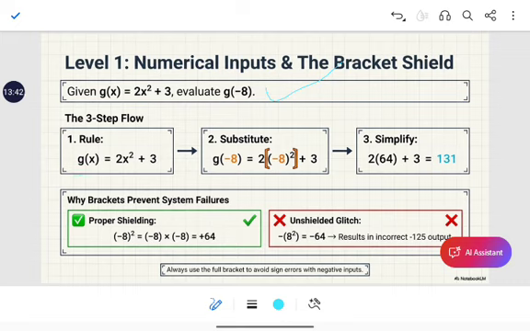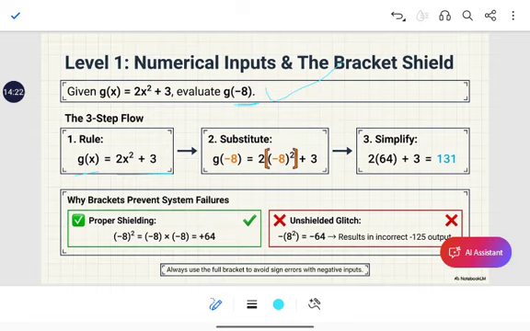The rule states that g of x is equal to 2x squared plus 3. Now, the next step is to substitute. What are we substituting? We are substituting the given value of x, which is negative 8. Now we have g of negative 8, meaning x is now equal to negative 8.